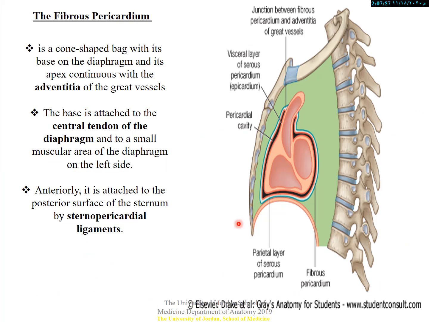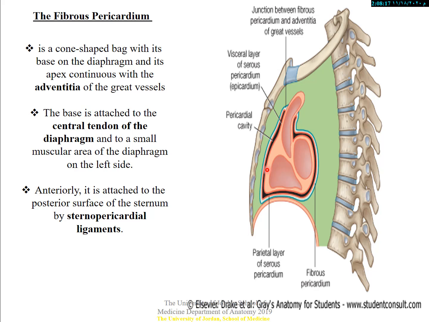Now let's talk about the outer layer, which is the fibrous one. It is a cone-shaped bag with its base on the diaphragm and its apex continuous with the adventitia of great blood vessels.